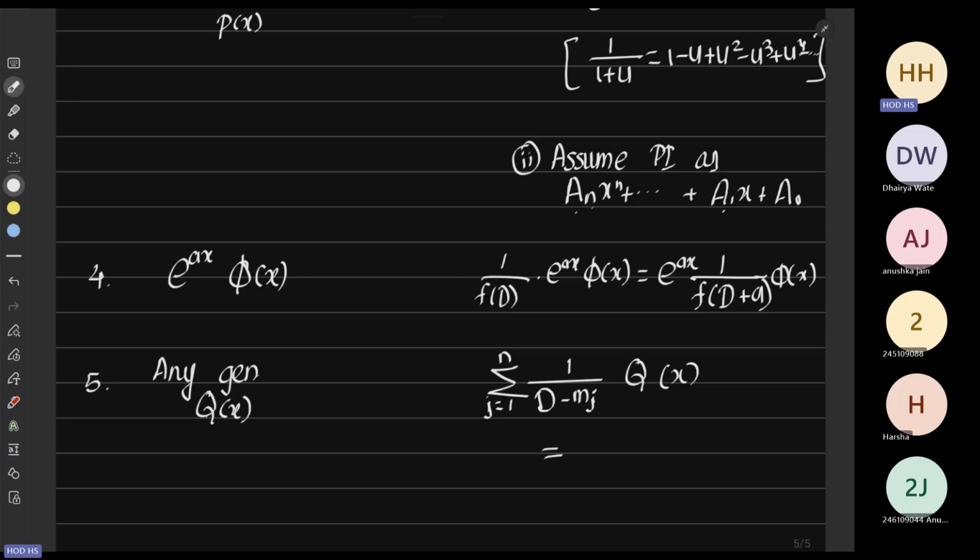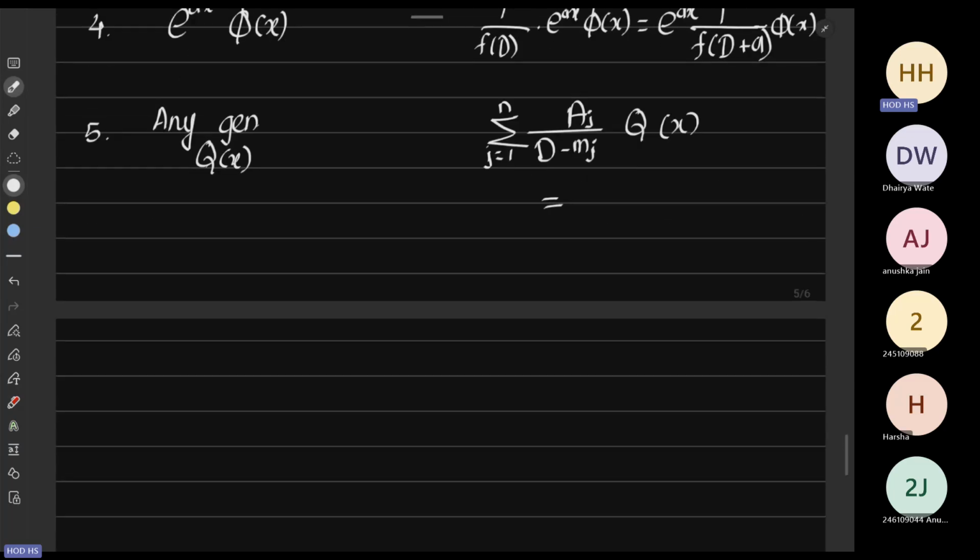So I'll write this by partial fractions. I will separate out all the terms: summation j equal to 1 to n, a_j divided by D minus m_j of Q of x, and the solution will be given as e to the power m_j x into integral e to the power minus m_j x into Q of x dx.